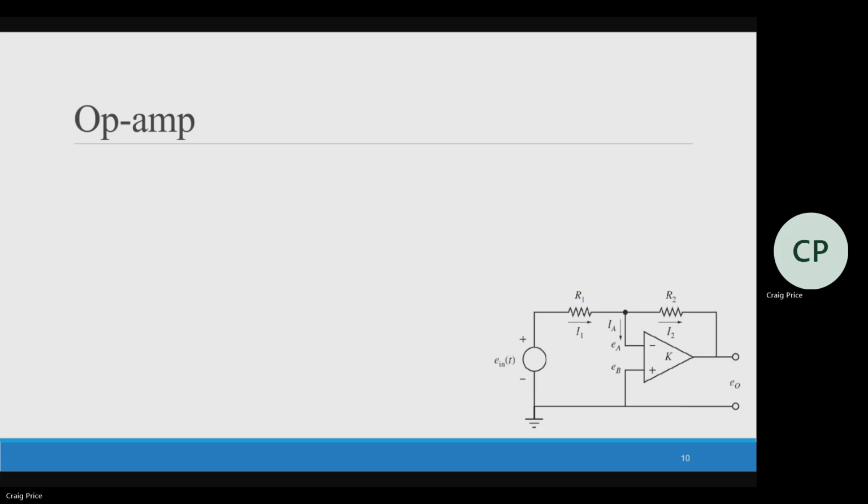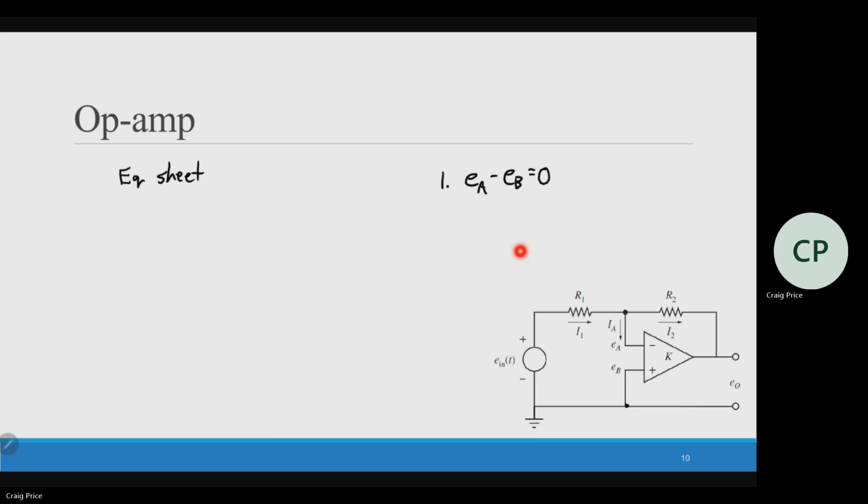Op-amp. There are some laws on the equation sheet, which is provided with the test, and the two you really should know are, first, that E_A minus E_B equals 0. So the difference of the voltages at the negative and positive terminals of the op-amp is 0.